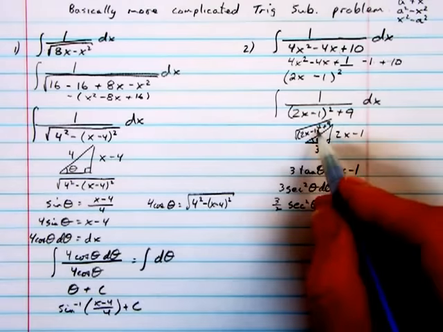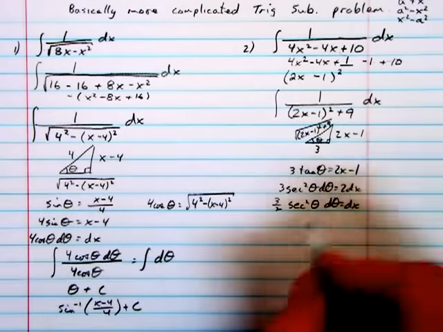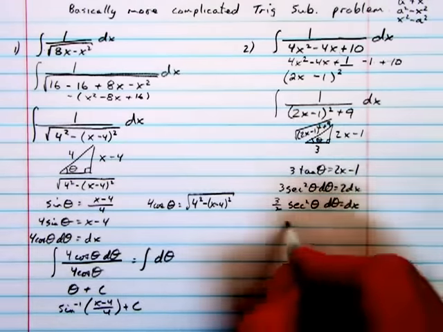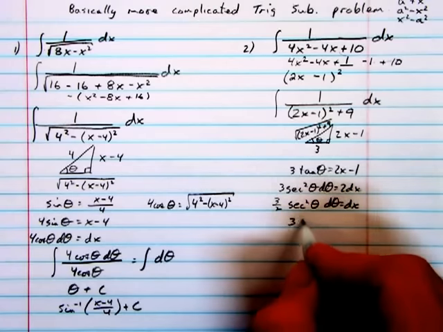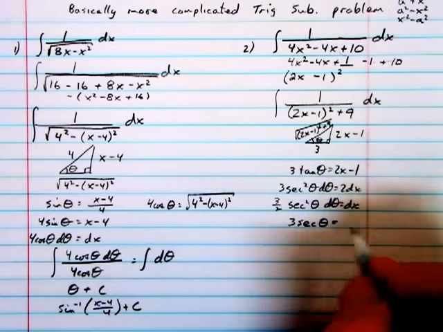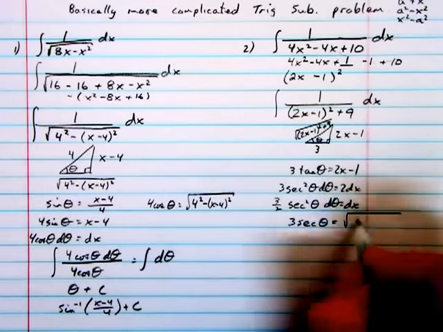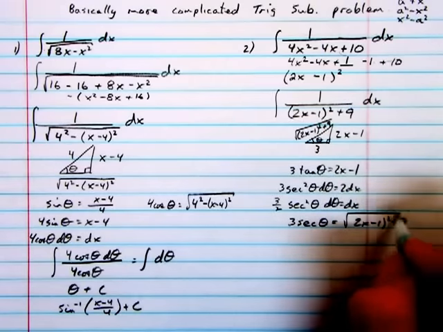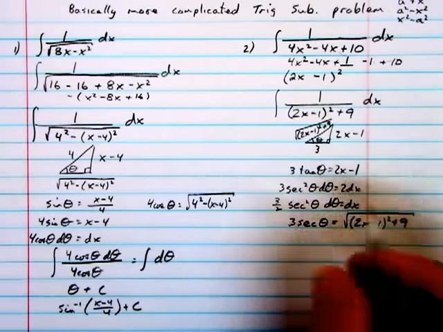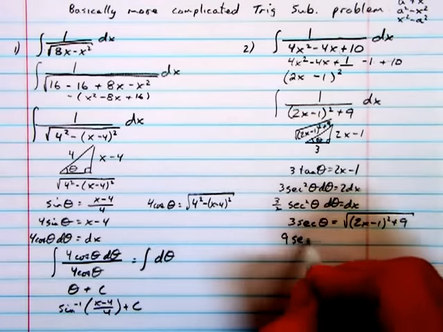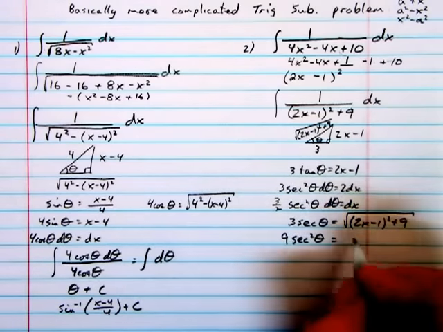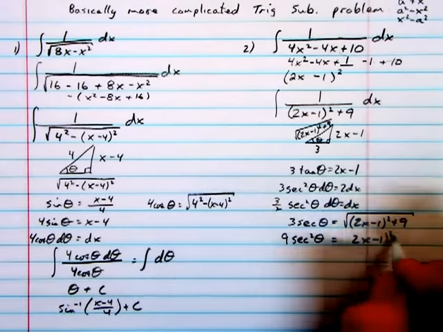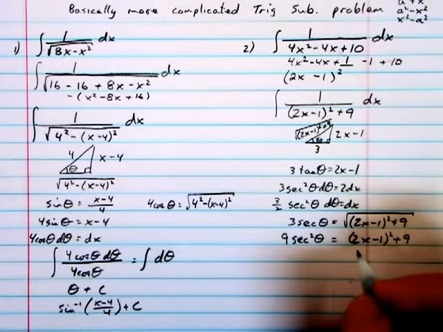We also need to get the expression for the square root. I don't quite have enough room there, so I'll do it down here. We'll have 3 secant theta equals the square root of 2x minus 1 quantity squared plus 9. Just write that properly. So square both sides. 9 secant squared equals 2x minus 1 squared plus 9.